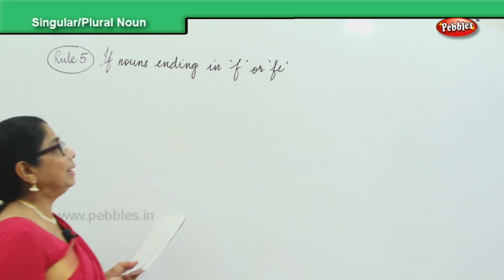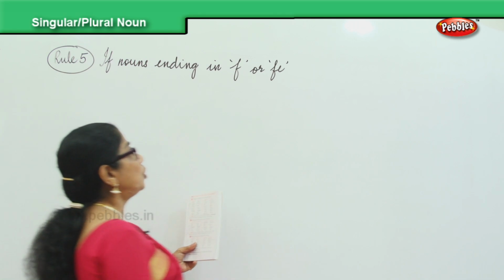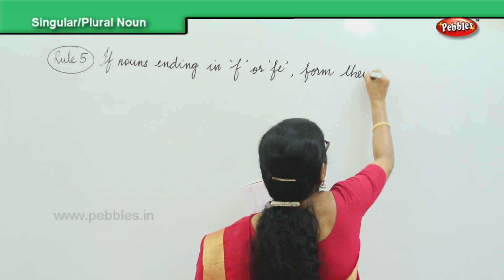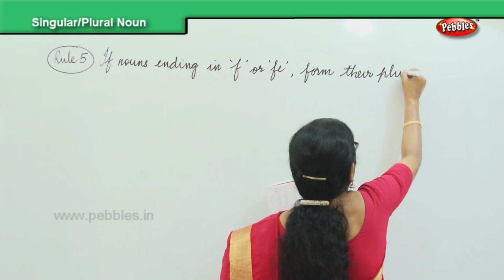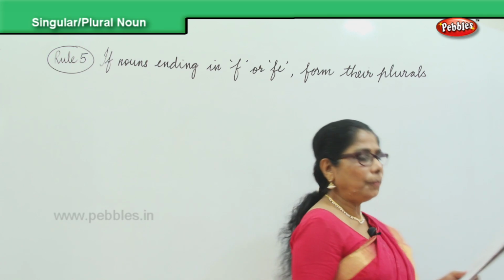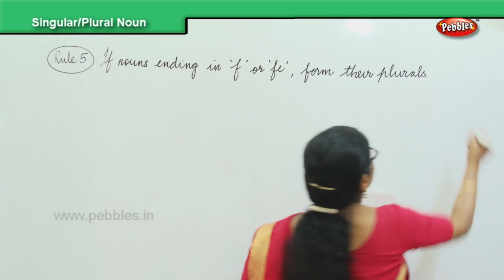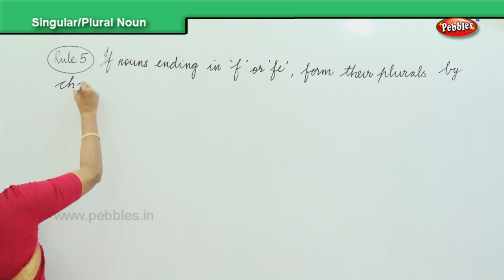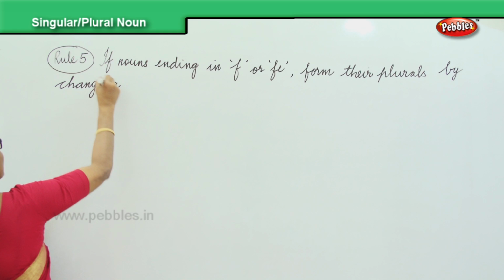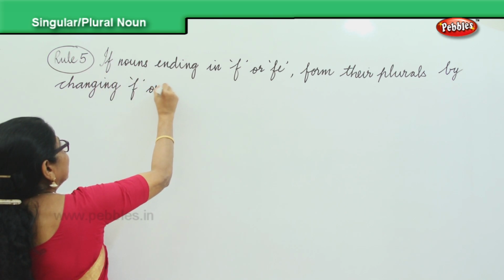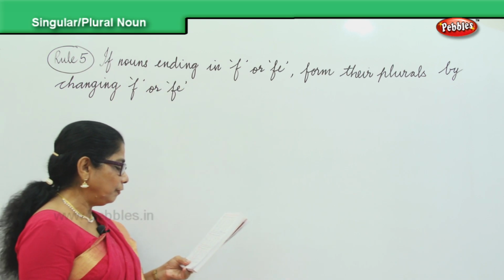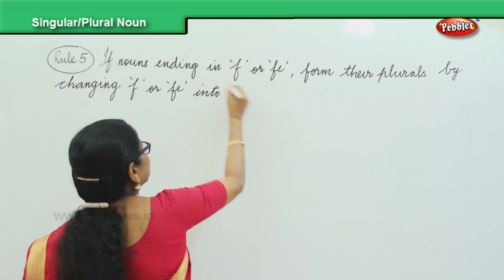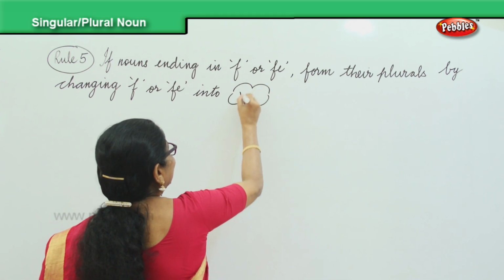If you have nouns ending in F or FE, form their plurals by changing F or FE. We'll change F or FE into VES.